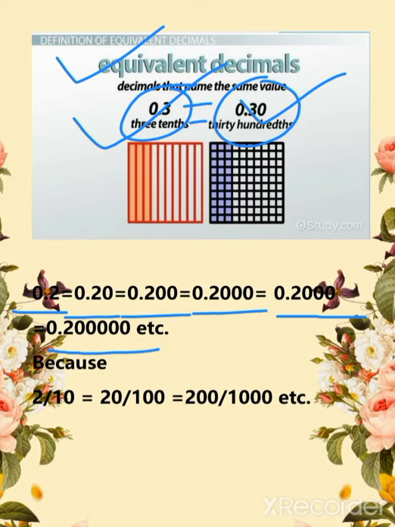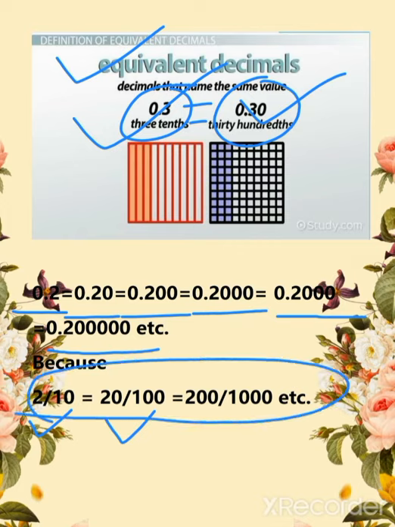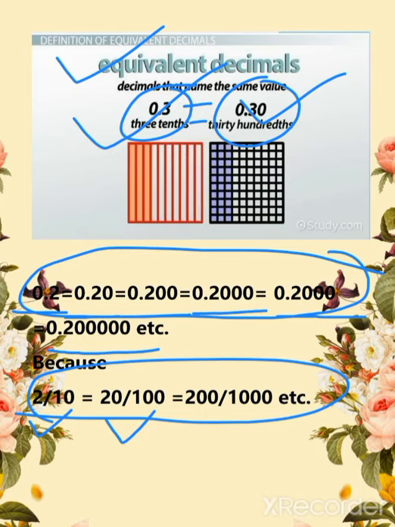Why? Because we know that the fraction 2 by 10 is equal to 20 by 100, because we are multiplying by 10 in the numerator as well as in the denominator. So these fractions are equivalent, and that's why these decimal numbers are also equivalent. So this was about equivalent decimals.